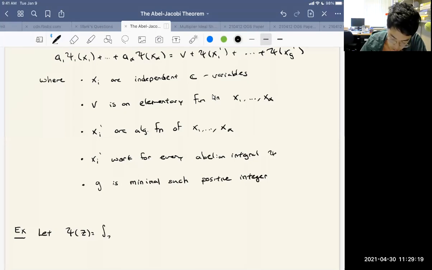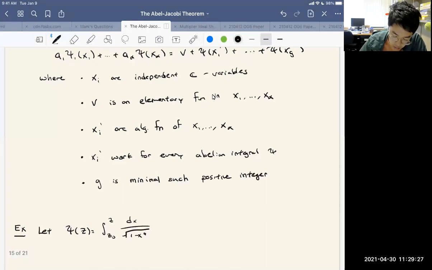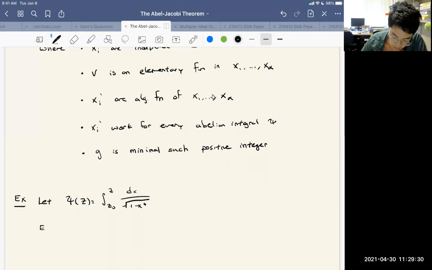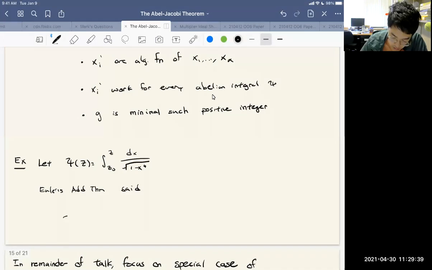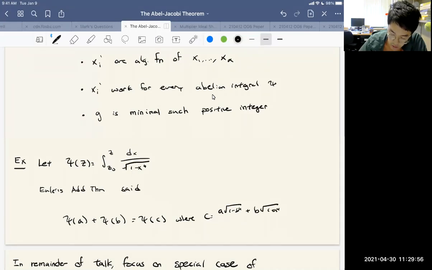So if I let psi be the integral from z0 to z of dx over the square root of 1 minus x to the 4, Euler's addition theorem said that psi of A plus psi of B is equal to psi of C, where C is equal to A square root 1 minus B to the 4 plus B square root 1 minus A to the 4, over 1 plus A squared B squared.